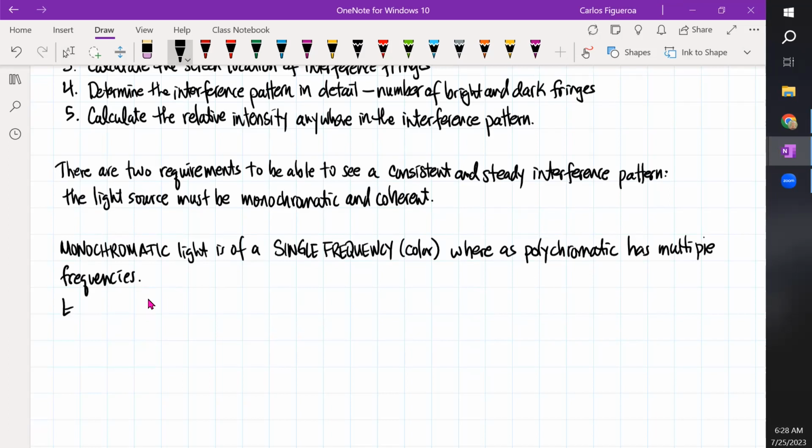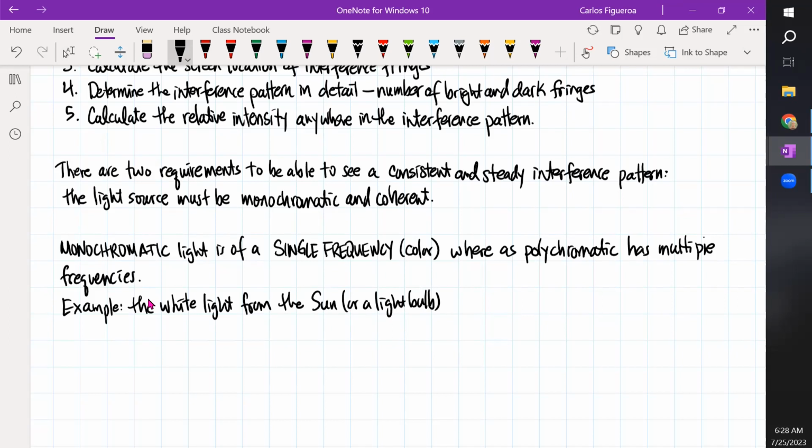So as an example of this, we could think about the white light from the sun or a light bulb. Again, it could be an incandescent, it could be an LED.